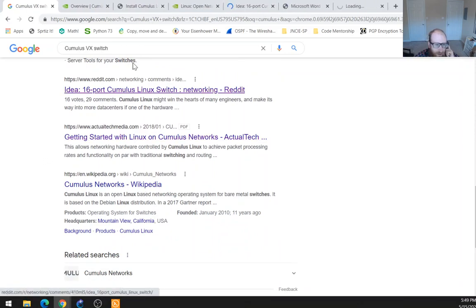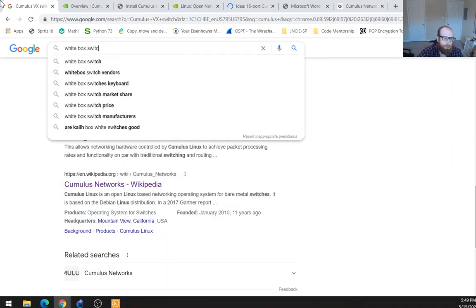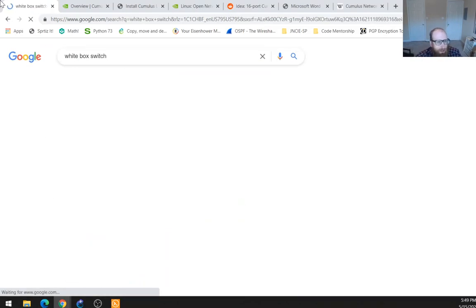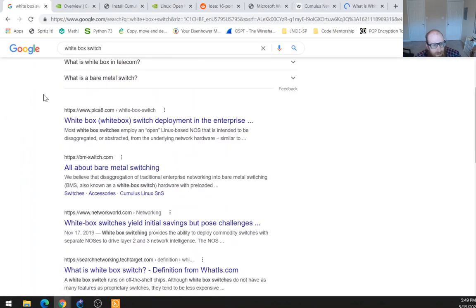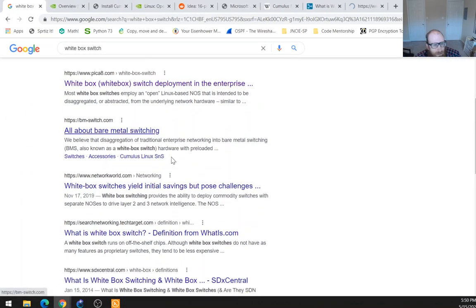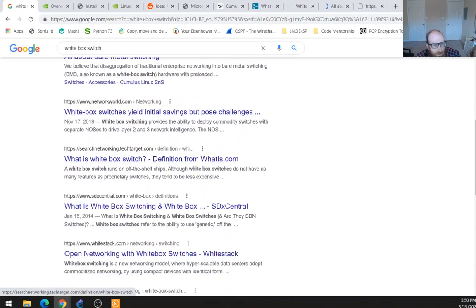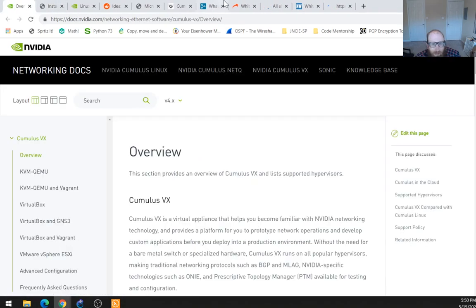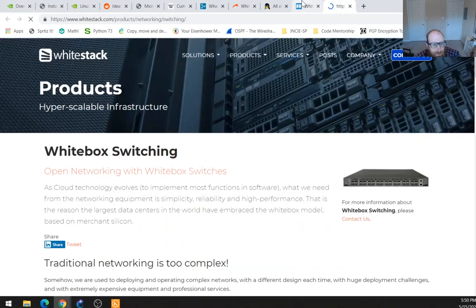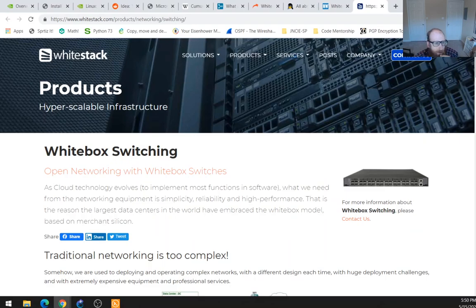But you can buy a Whitebox switch, I think, and then install Cumulus Linux on it. Yeah, open networking with Whitebox switches.